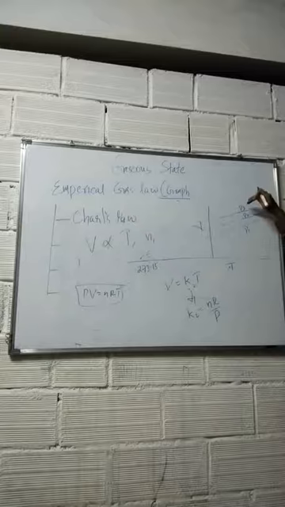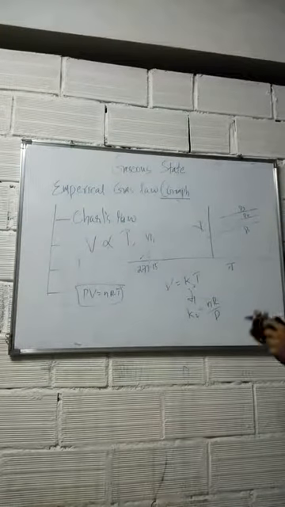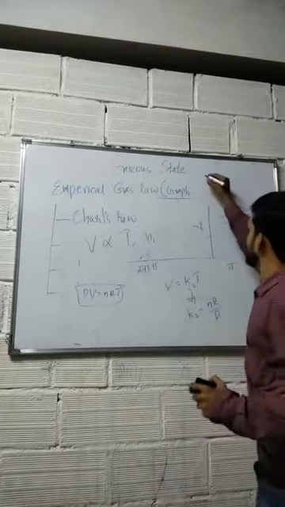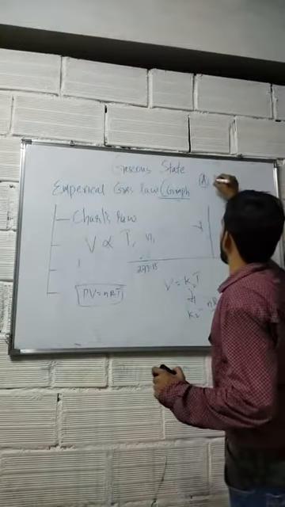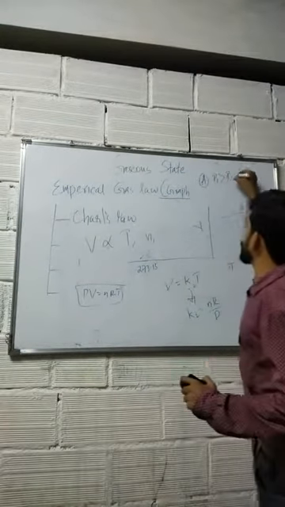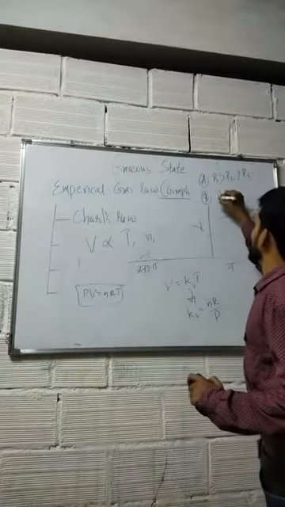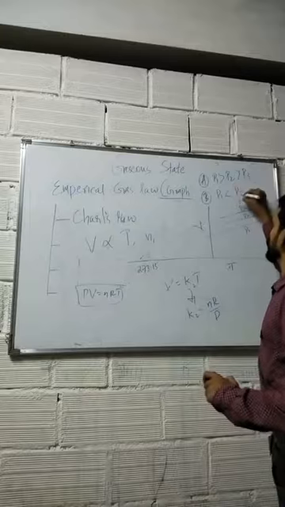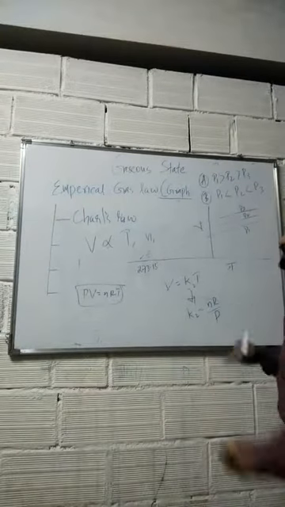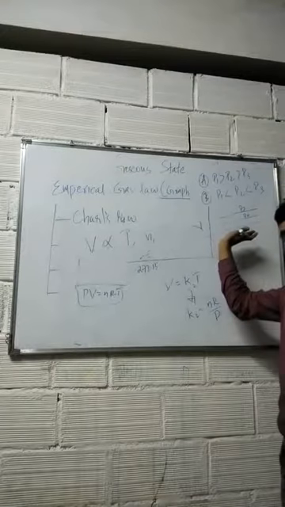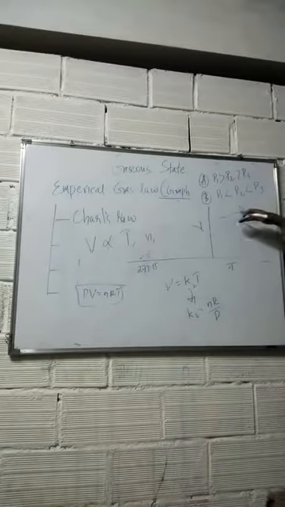I am specifically interested in the graph. Let me ask again: A, P1 is greater than P2 greater than P3, or B, P1 is less than P2 less than P3, which is correct? Where is the slope maximum?